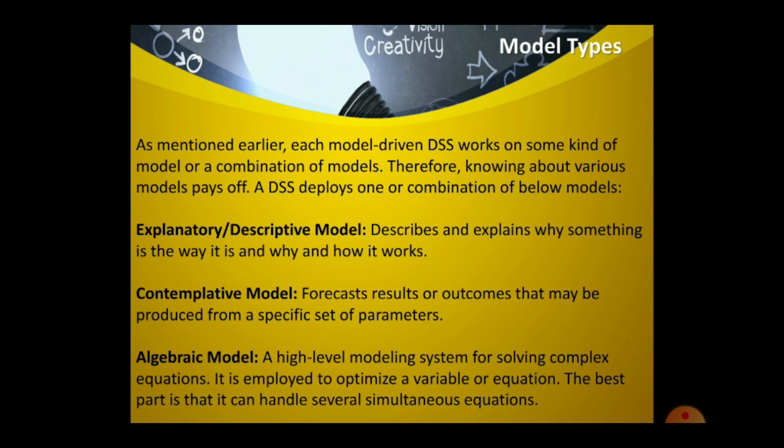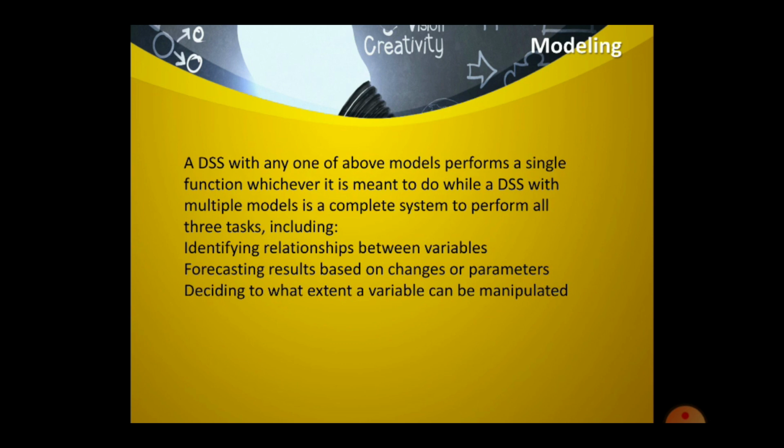The best part is that it can handle several simultaneous equations. A DSS with any one of the above models performs a single function, whichever it is meant to do, while a DSS with multiple models is a complete system to perform all three tasks, including identifying relationships between variables, forecasting results based on changes in parameters, and deciding to what extent a variable can be manipulated.